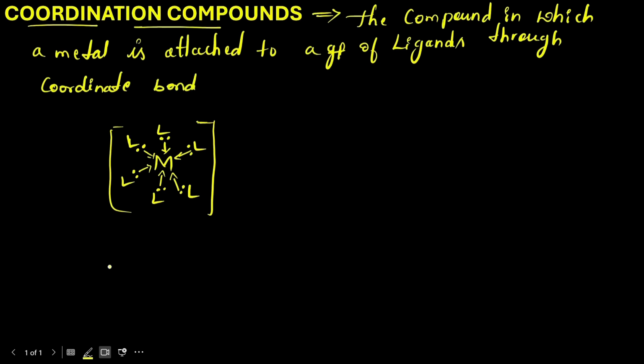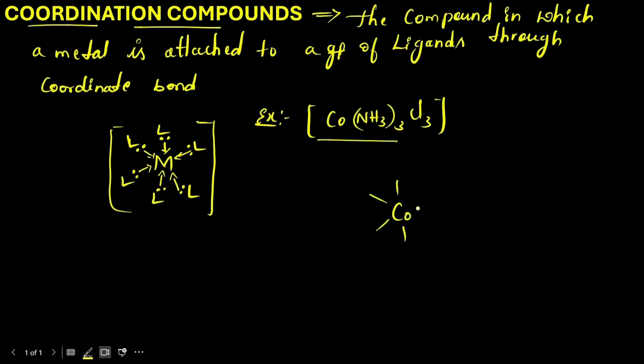We will take an example, that is Co(NH3)3Cl3. This is an example of a coordination compound. Here the cobalt metal is attached to 3 NH3 ligands and 3 Cl ligands.